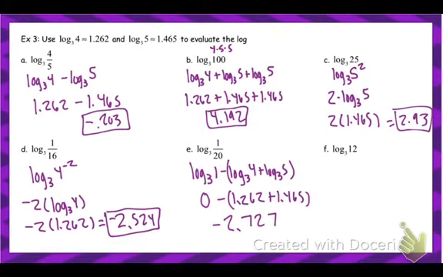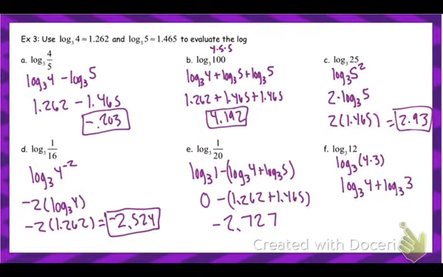All right, the last one is a little bit harder to see, because if you think about just 4 and 5, it's kind of hard for me to get to 12. Well, let's look at what we know. We know log base 3 of 4. Well, 3 times 4 is 12. So I can rewrite this as log base 3 of 4 times 3. So I can separate that into log base 3 of 4 plus log base 3 of 3.